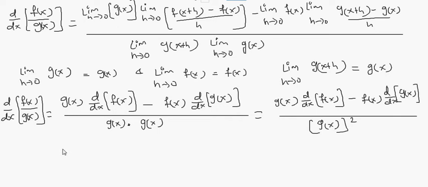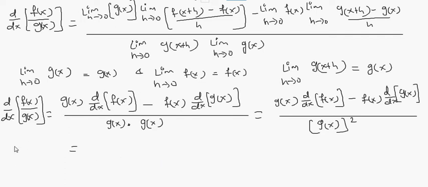Now we can see that the derivative of the functions f of x divided by g of x is equal to, in general terms, the denominator times the derivative of the numerator minus the numerator times the derivative of the denominator, all this divided by the square of the denominator.